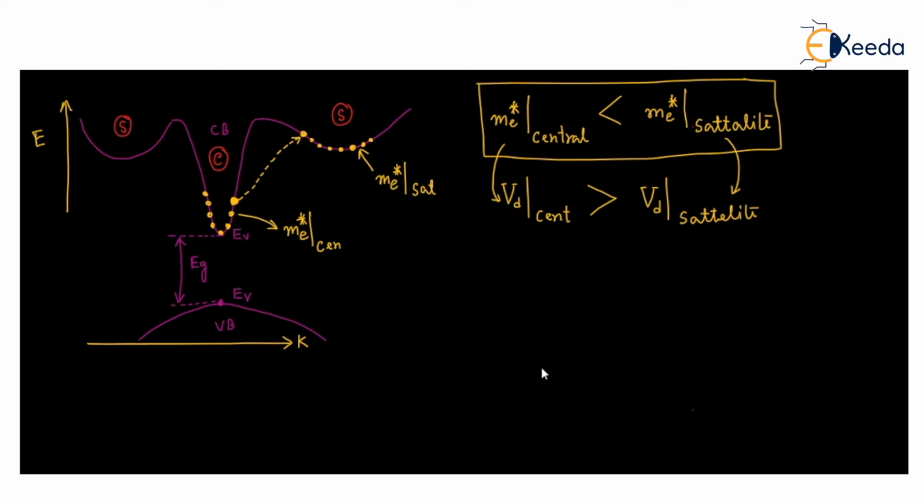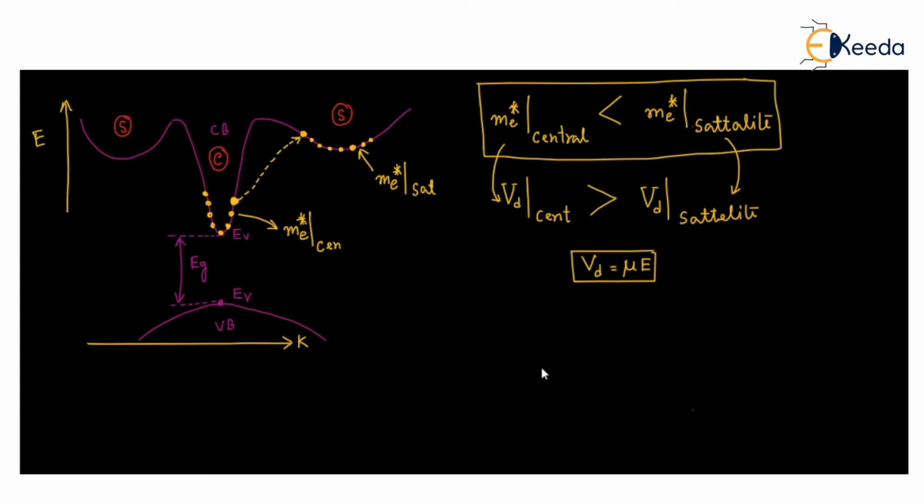Since the drift velocity changes if the electron is transferred from the central valley to the satellite valley, and we also know that the drift velocity Vd equals mu into E, if the drift velocity changes, then the mobility also changes.